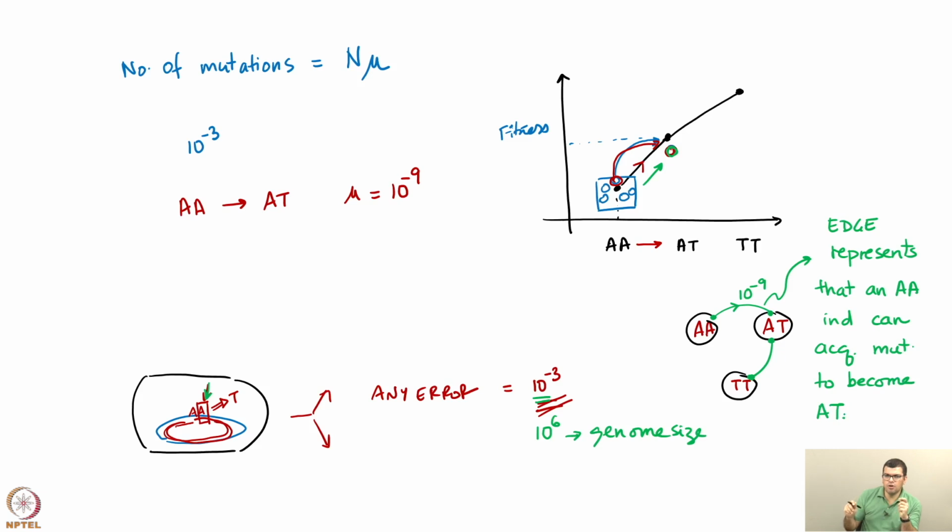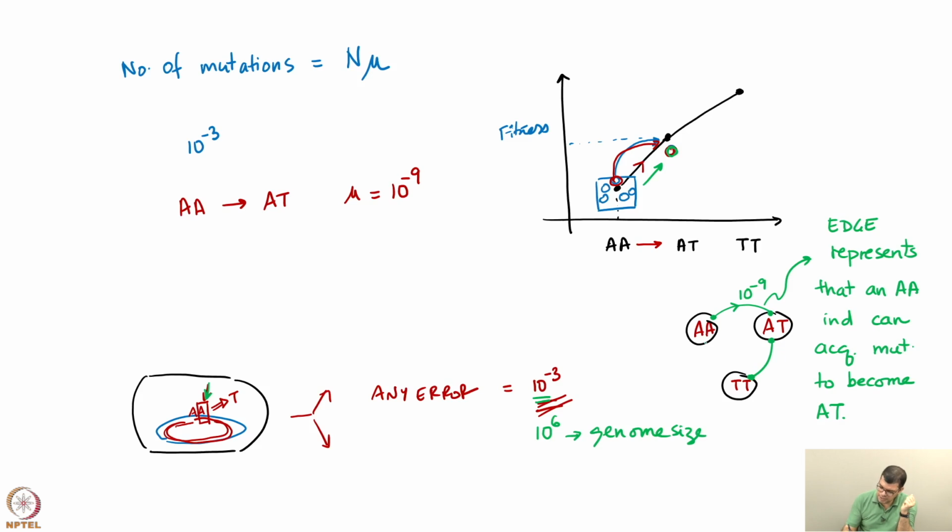That is the meaning of two nodes being connected by an edge, that you can acquire one mutation and become the other genotype. So, that is the reason for connecting any two nodes, that you acquire one mutation, become the other one.